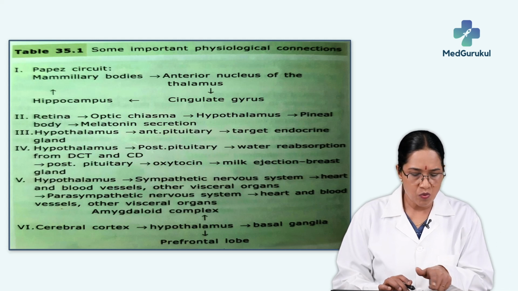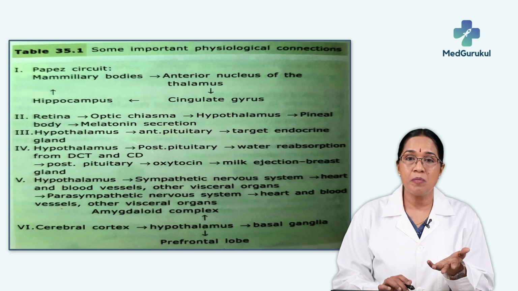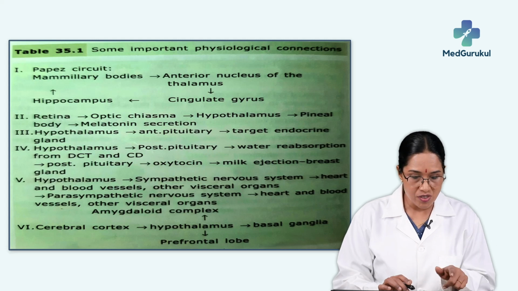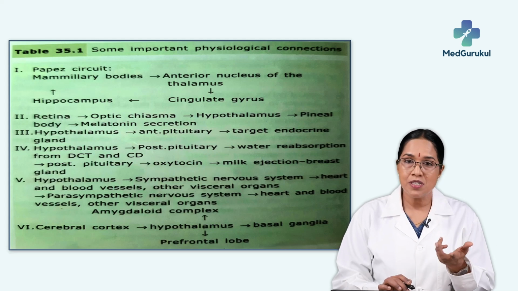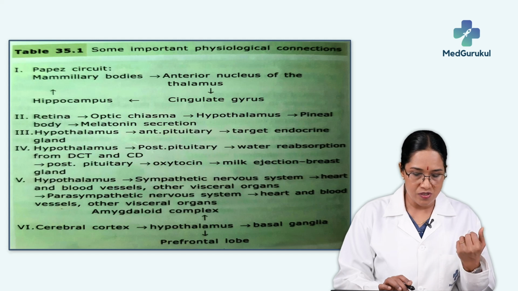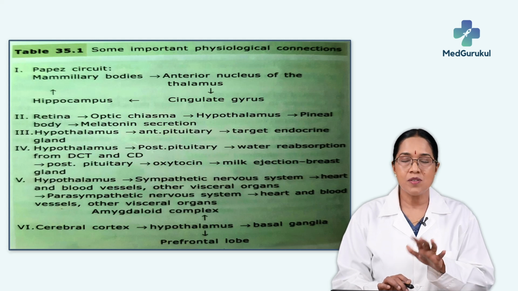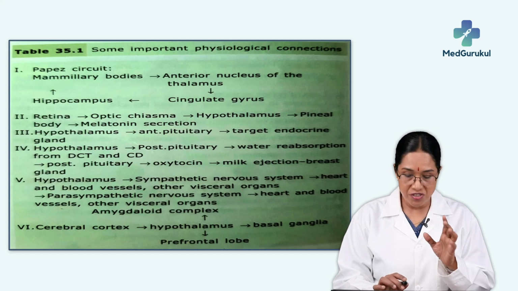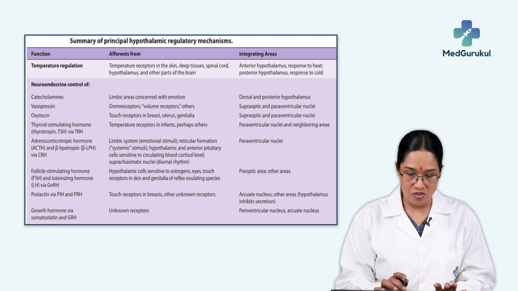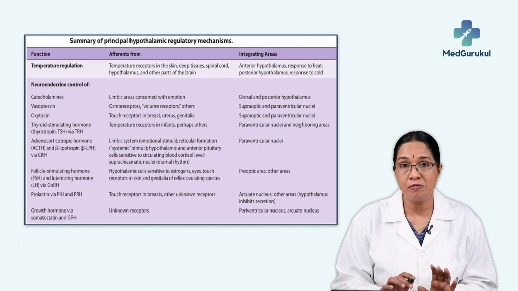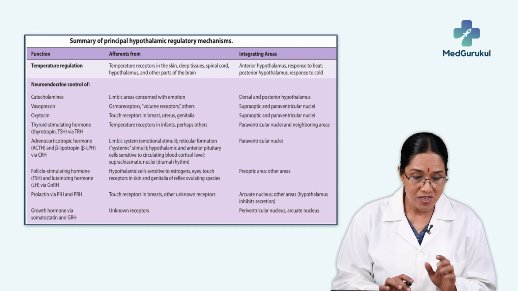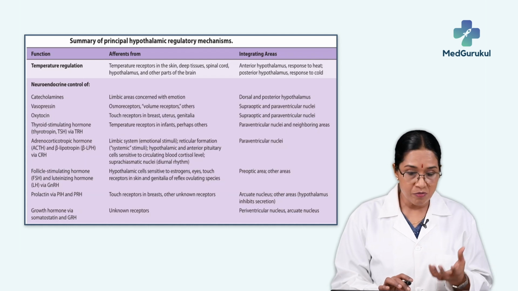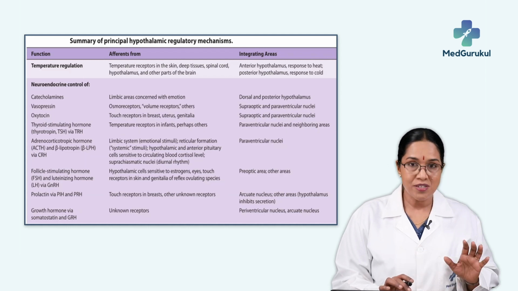Where hypothalamus, water reabsorption, what is the role of the hypothalamus in maintaining water balance. You can see the fifth one, the sympathetic nervous system, how the autonomic nervous system is controlled. So all that is where the hypothalamus is functionally connected to other structures. And for the last two I have put summary slides, where you can see the summary of the principal hypothalamic regulatory mechanisms.